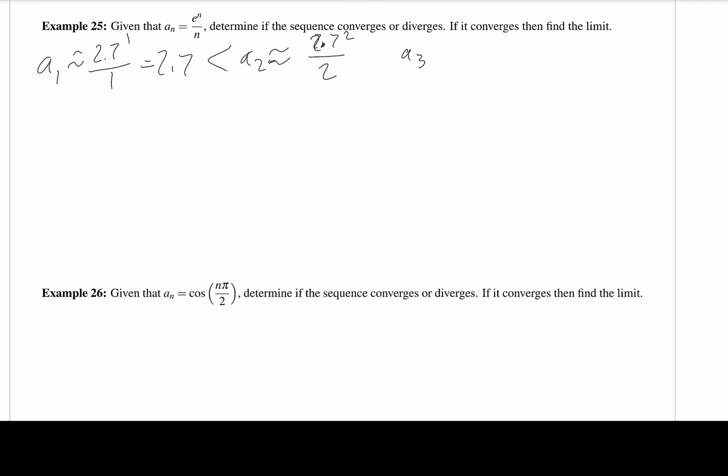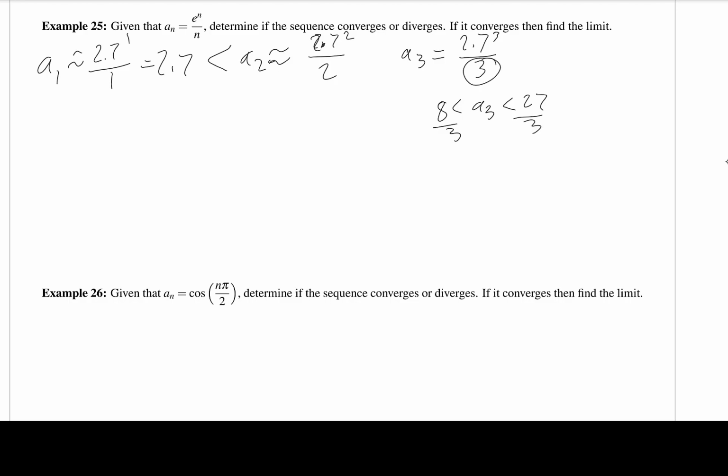Now let's look at a sub 3. So this would be 2.7 cubed over 3. And so now I want to think about, what's happening here? 2.7 cubed is going to be somewhere in between 8 and 27, and then we'll divide by 3.